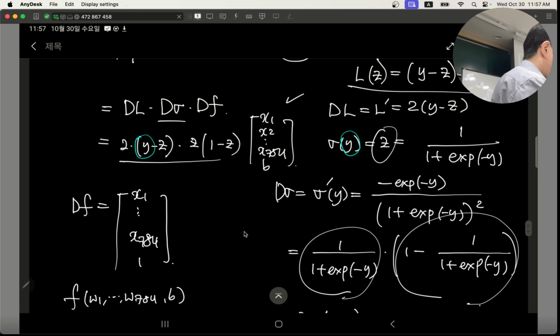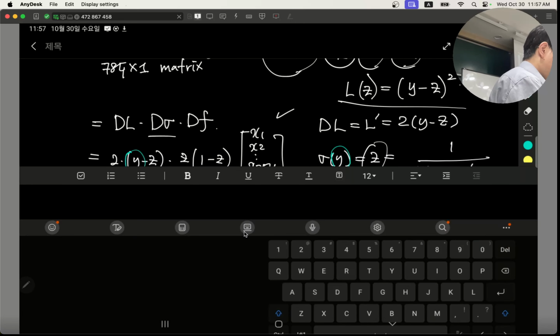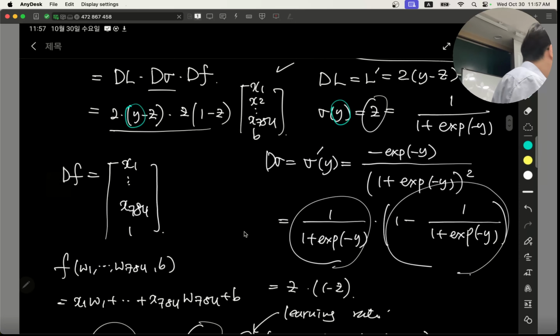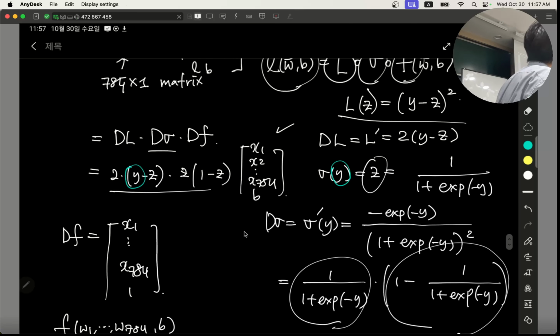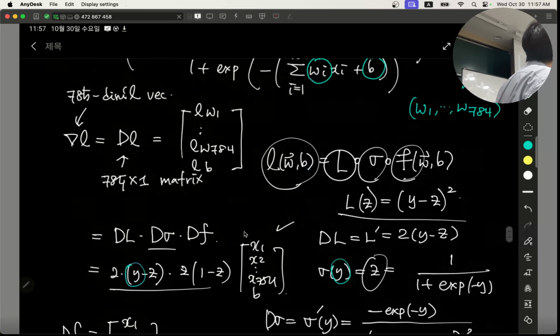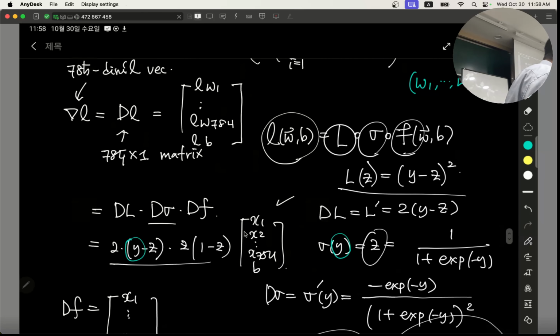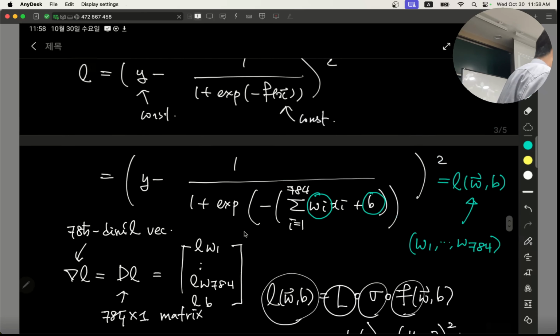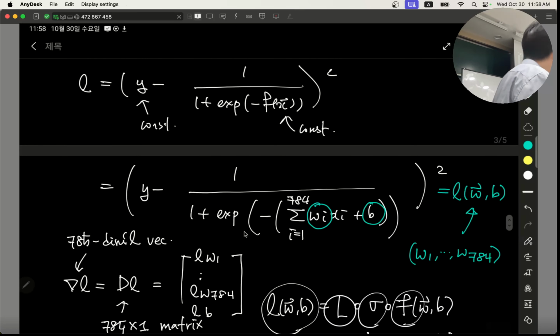Here? Which part? Here? Yes, it's a constant. It's the label of your image. It gets given with the image.